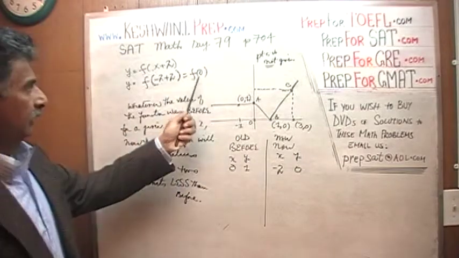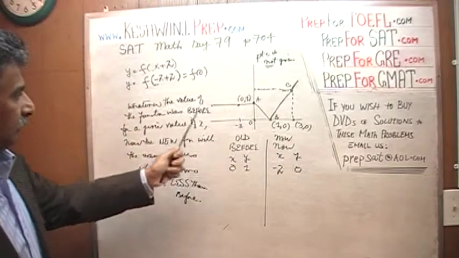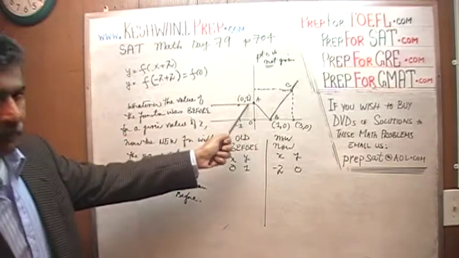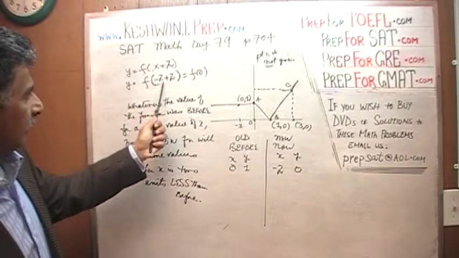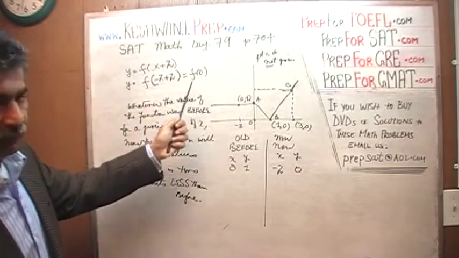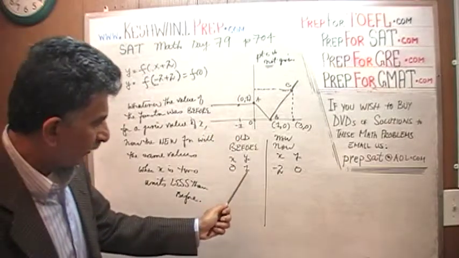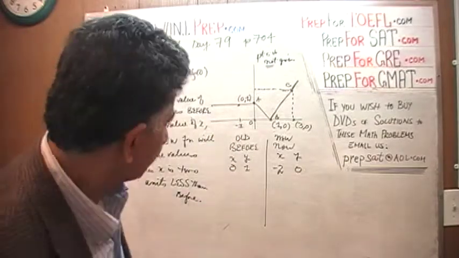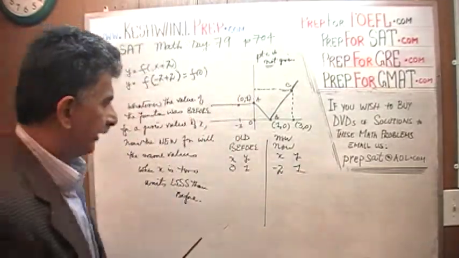And we know that when x is 0, y is equal to 1. Except x is not 0 now, x is negative 2. When x is negative 2, f of 0 would be the same as before, which is 1. So the same value of y will take place.